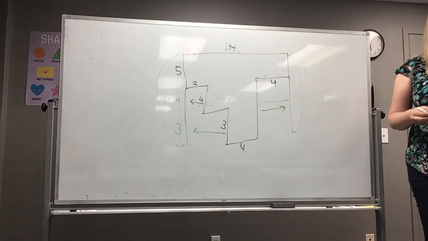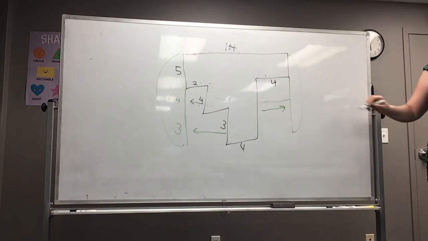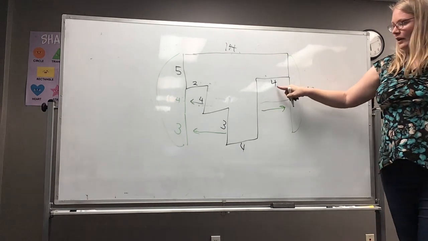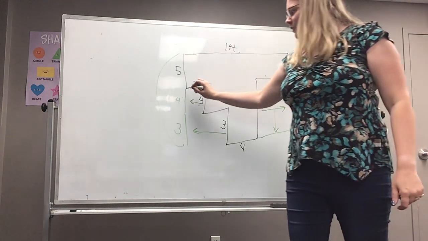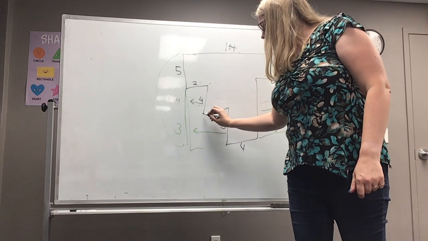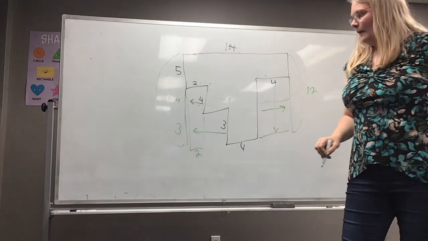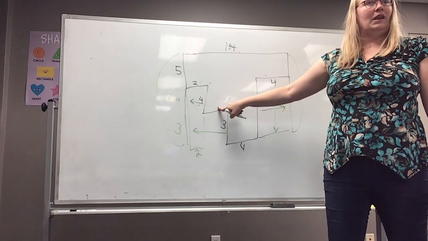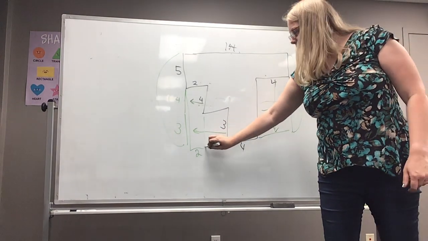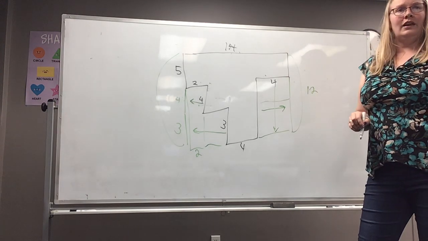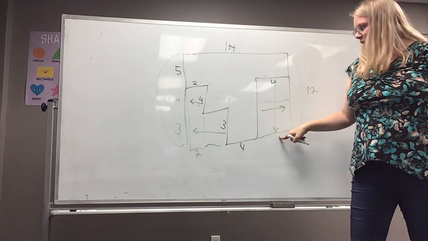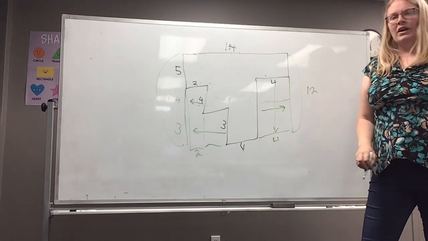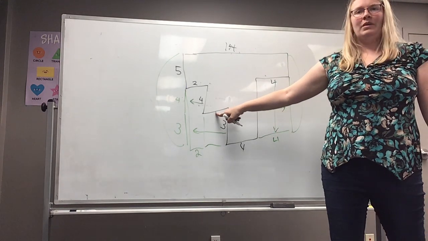What does the whole thing have to equal? 12. The same way, we can know this 4, and we can know this 2, but we don't know this piece. You could go to the trouble of calculating it out by taking 14 and subtracting 2 and 4 and the other 4, but in reality, we don't need to know that piece.